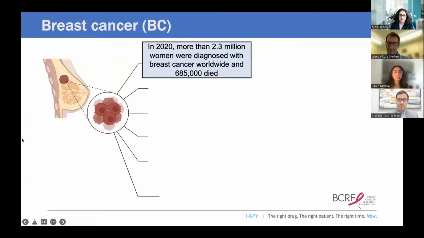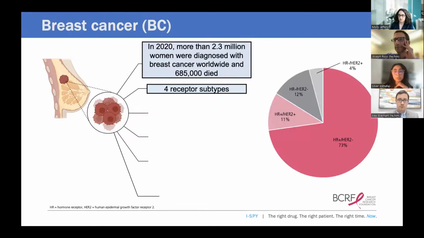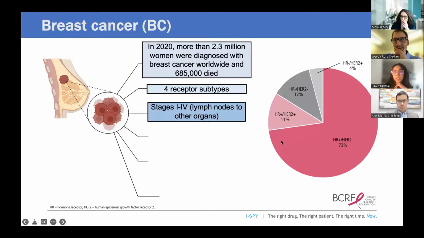Breast cancer has more than 2.3 million women diagnosed worldwide, and almost 700,000 of them died due to relapse or recurrence of metastatic disease. Among the common receptor subtypes, the most common one is hormone receptor positive, human epidermal growth factor receptor 2 negative, which will be my main focus.